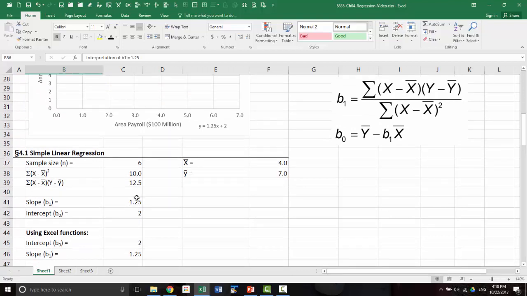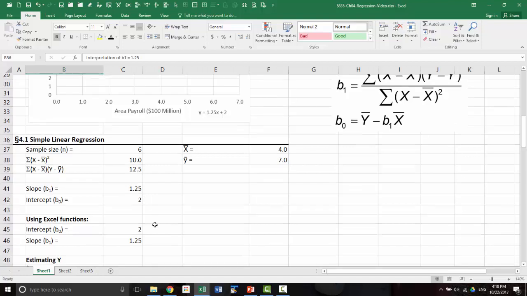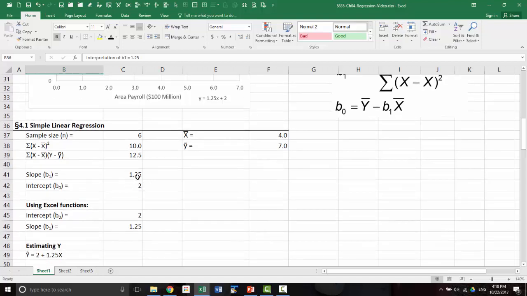Okay. So 1.25 is sales in $100,000 for what? Well, slope is, remember, rise over run. So for each unit of X, what change will you see in Y? If X increases by 1, Y will increase by 1.25.